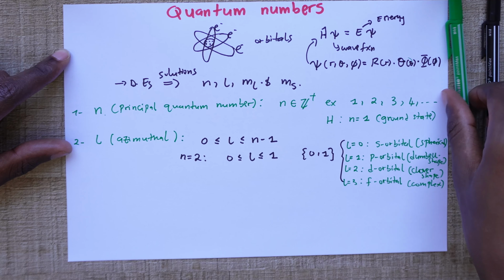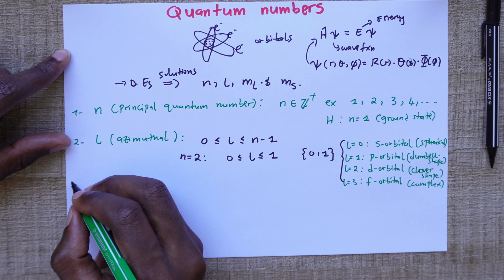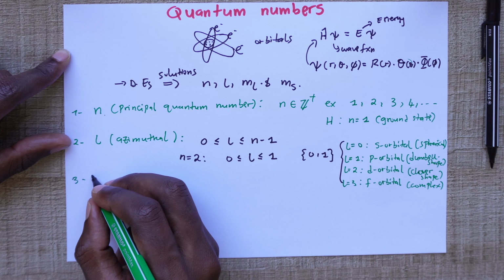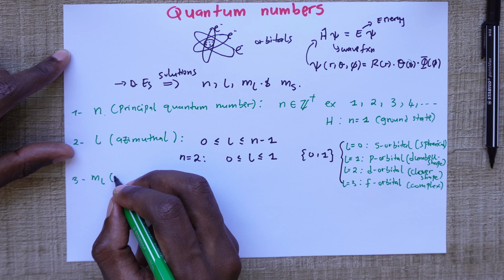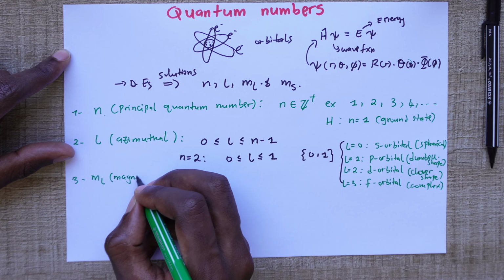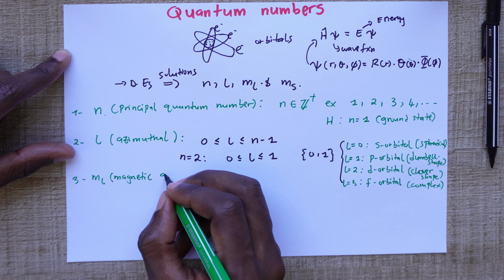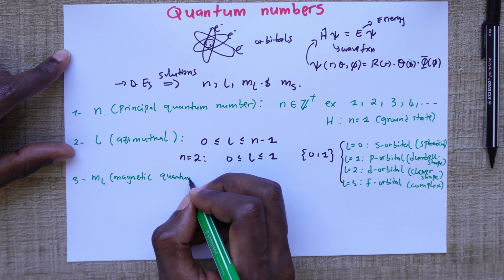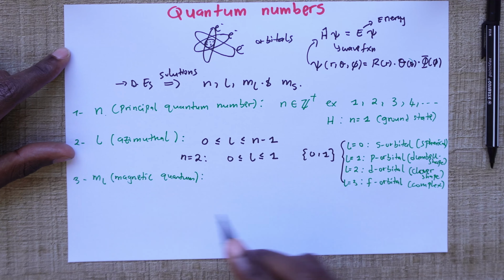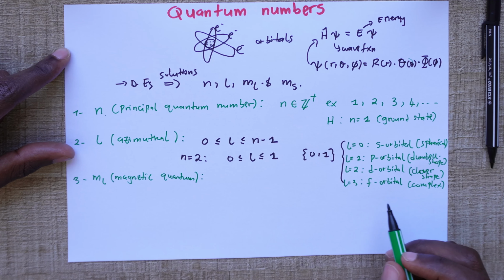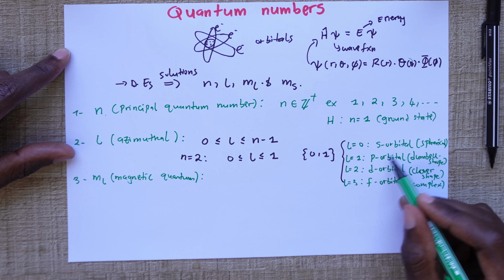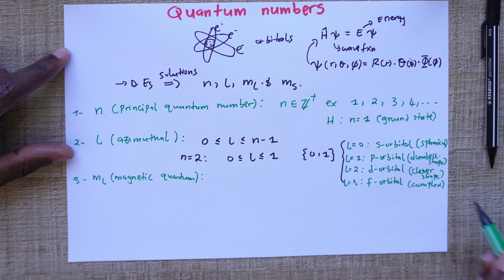The third quantum number, ml, is known as the magnetic quantum number. This number specifies the orientation of the different orbitals around the nucleus.